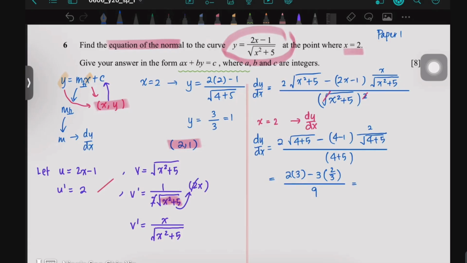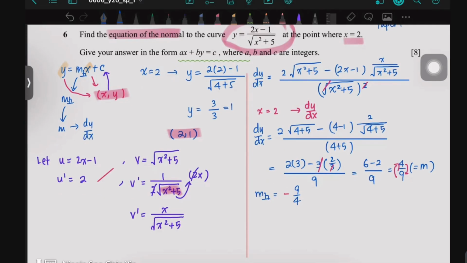So you will get 6. I try to perform in non-calculator paper, so you will see I do all the steps. So I get 4 over 9. This is the gradient. For the gradient of the perpendicular, we swap the fraction upside down, flip them, and then put a negative. So your gradient of perpendicular, you get negative 9 over 4.